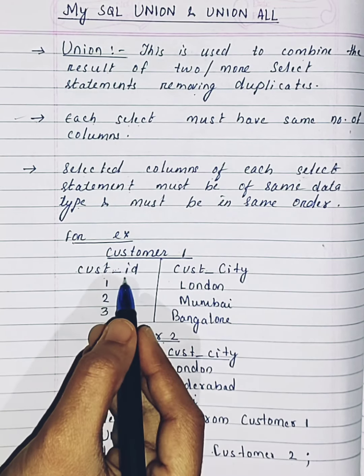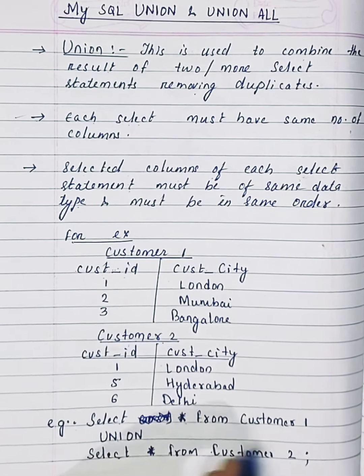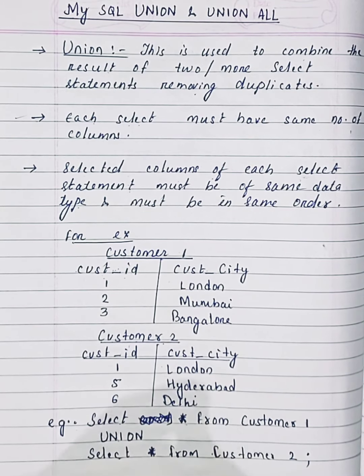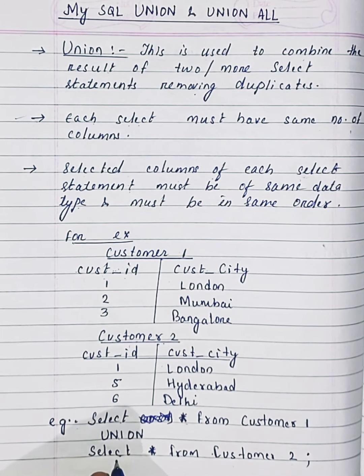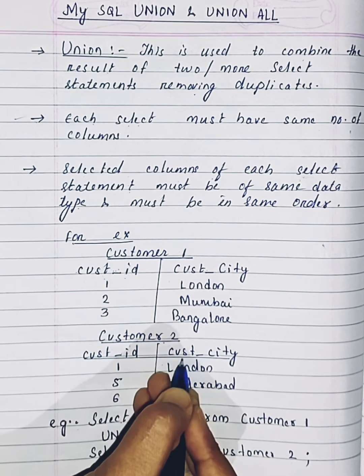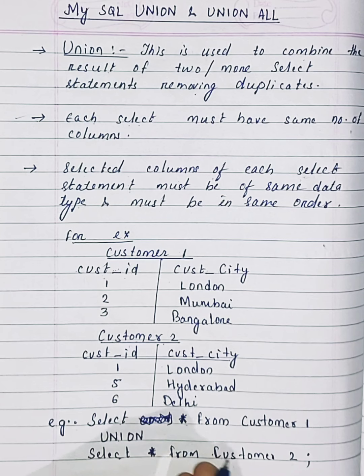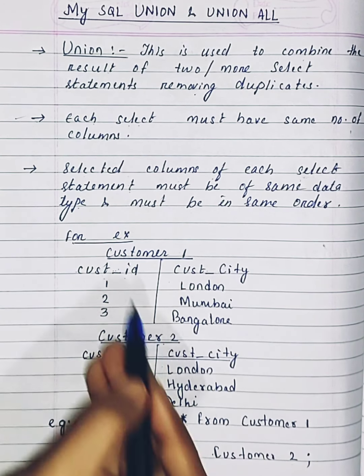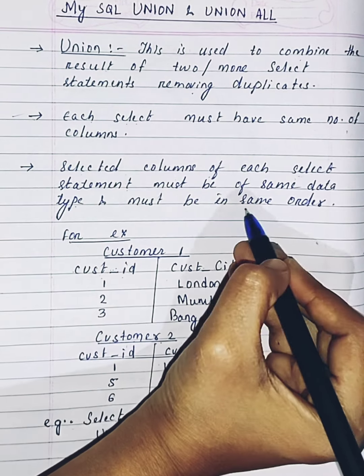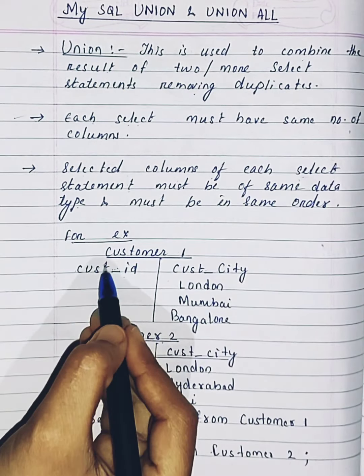We will write select cust ID comma cust city from customer 1. And if, instead of writing cust ID first, we write cust city and then cust ID, it will throw an error, because in whatever order we write in the first select, in the second select also we will write in the same order, same data type.